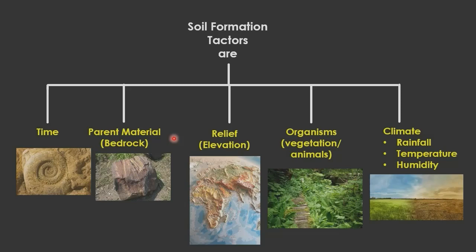And for parent material, the physical and chemical characteristics of the parent material or the bedrock are also considered in the creation of our soil. It will have the physical and chemical characteristics of its parent material.